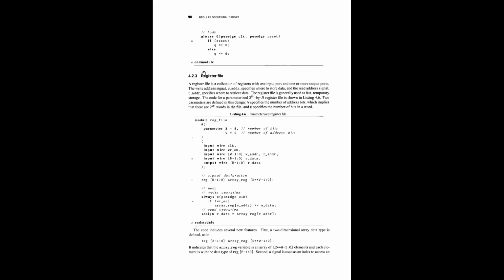So definitely it is a memory. It will have some ports for reading and some ports for writing, and some ports for control and for the clock. If we assume a register file, or a two-dimensional memory, which is able to store many words, what kind of ports do we need?